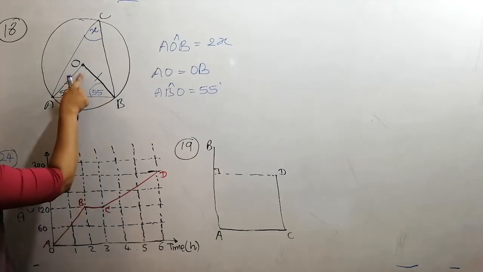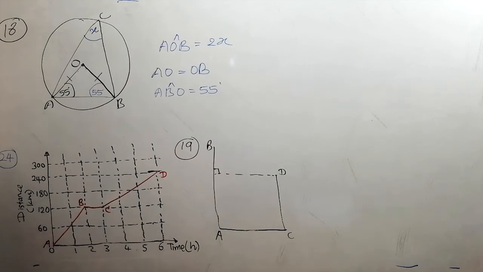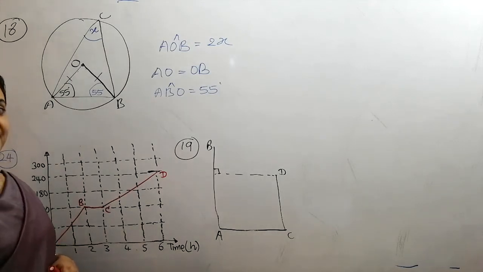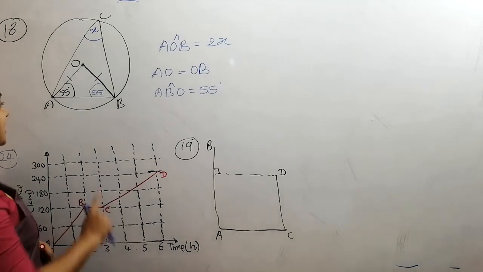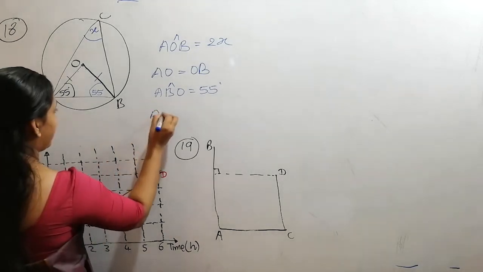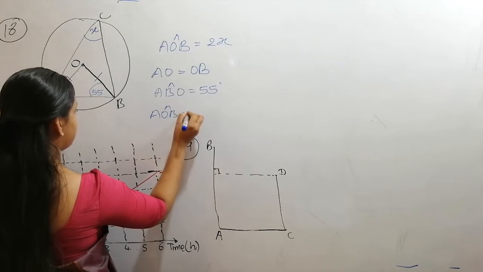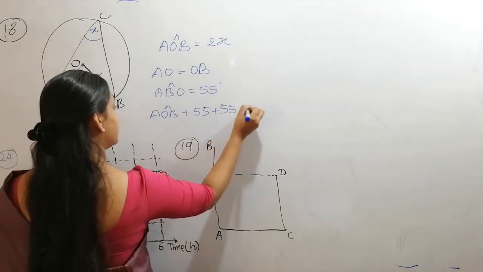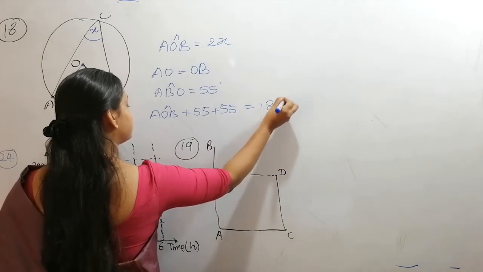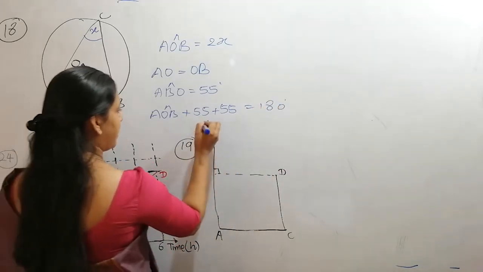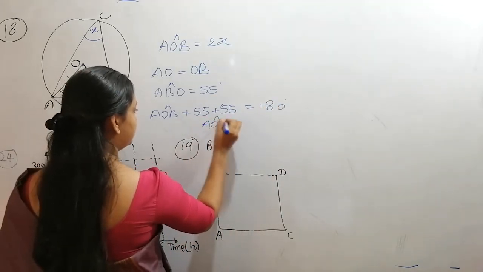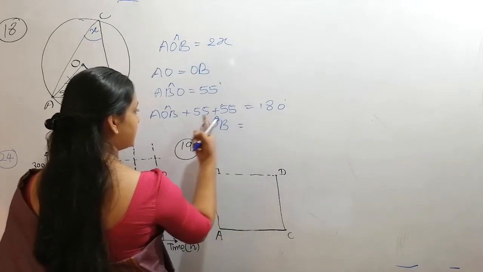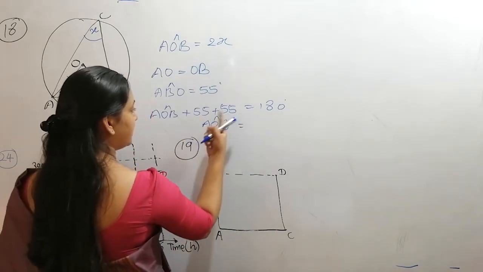And then what is the value of this one? We know the sum of the interior angles of a triangle is 180. We can simplify. AOB angle plus 55 plus 55 equals 180. That means the AOB angle is equal to 180 minus 110.